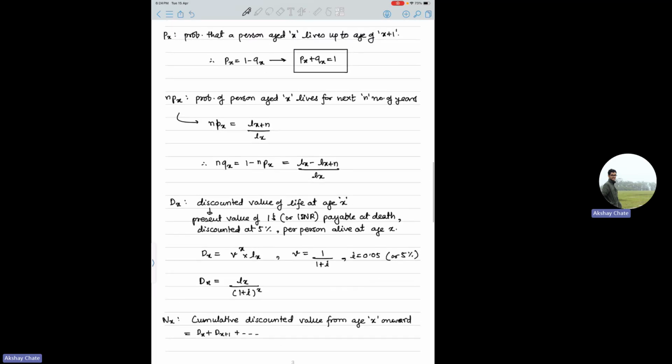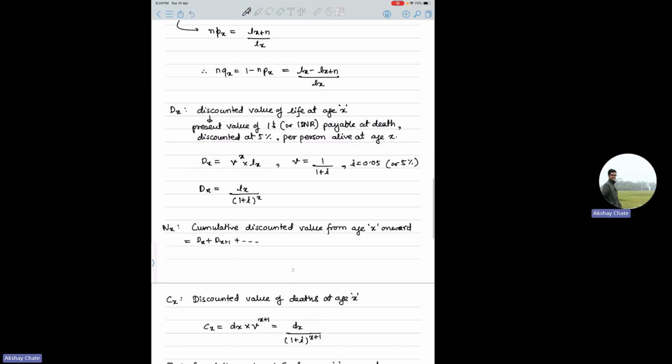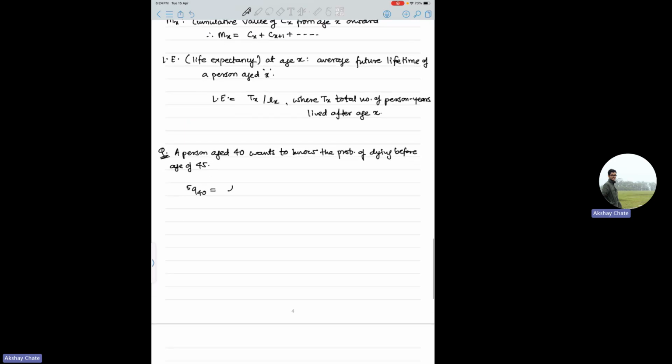So that will be lx minus lx+n divided by lx, which means L40 minus L45 divided by L40.